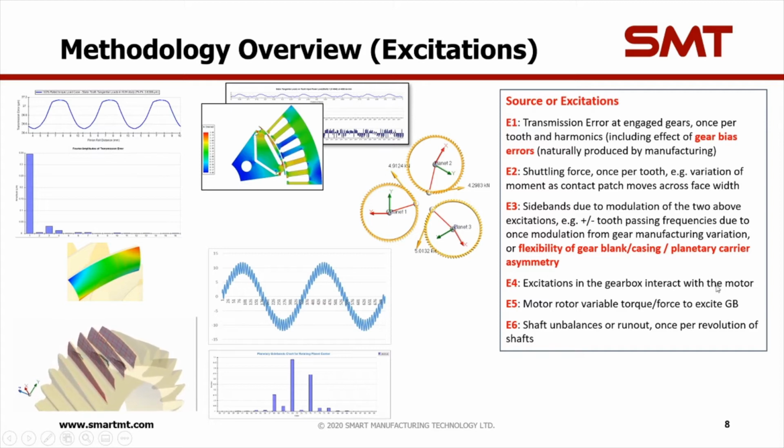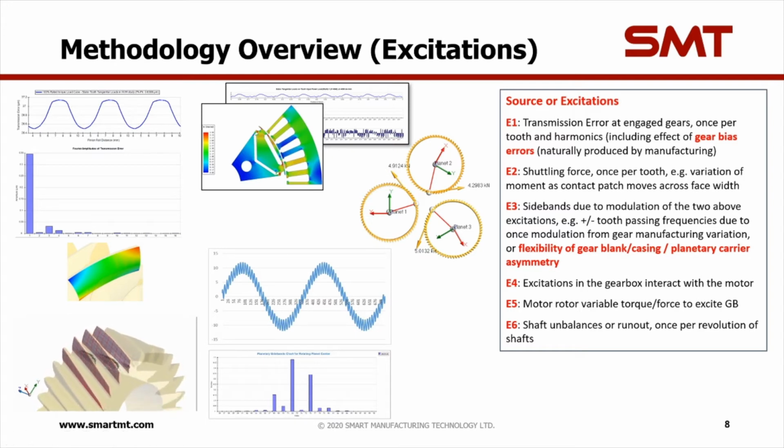Then we have motor and gearbox excitations and interactions. You have torque ripple, which can be used to excite the system. You have to extract the torque ripple and force variation from an external package, and that will then be used to excite the system.